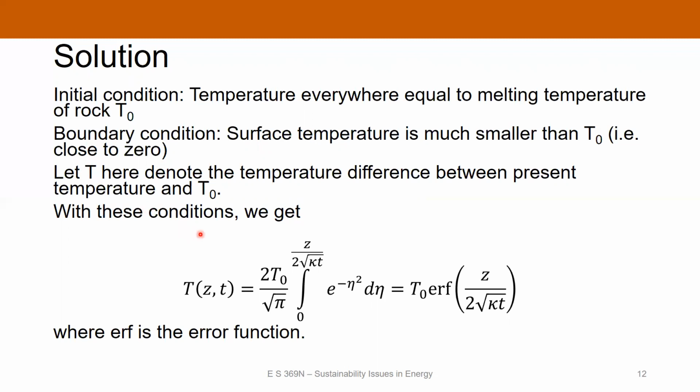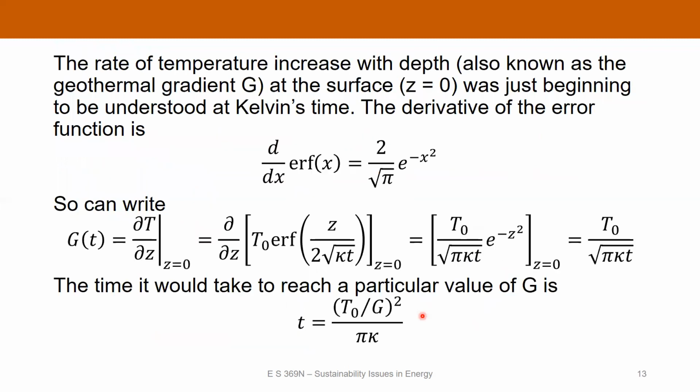With those assumptions, we get a nice, pretty easy solution to the convection diffusion equation, which arises from doing a similarity transform, which is my favorite way of solving diffusion equations. And we end up with this term here. It's the initial temperature times the error function of this group here. So that's our easy solution.